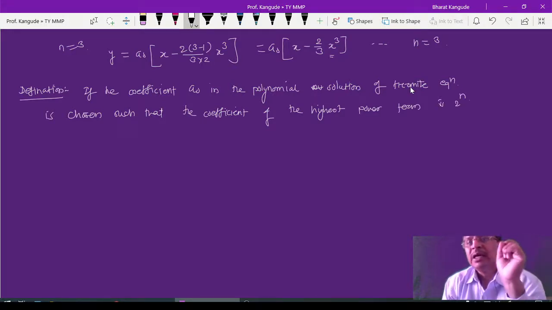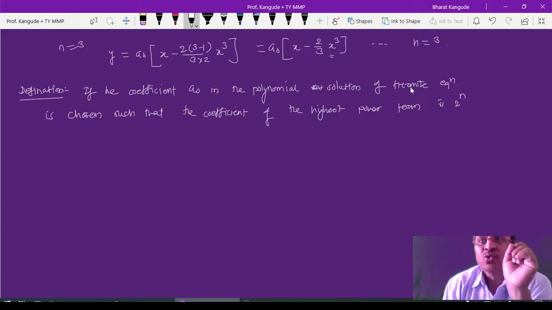That means in a polynomial of n equal to 1, the coefficient of the highest power of x should be equal to 2 raised to 1, that is 2.